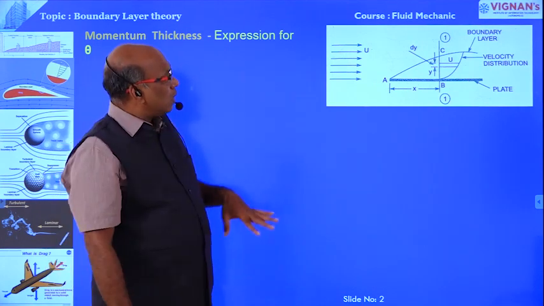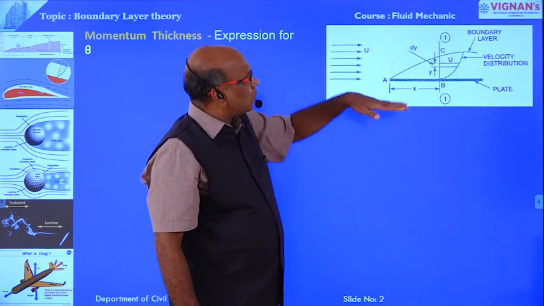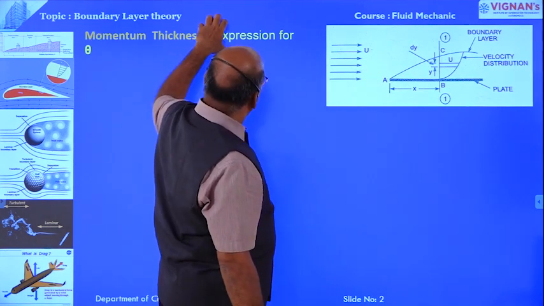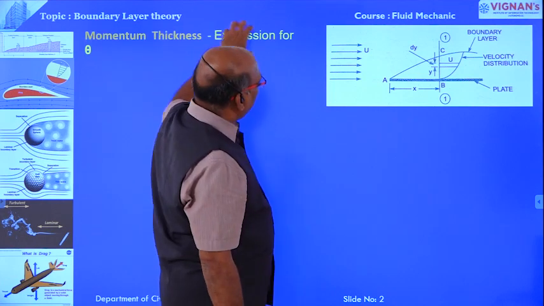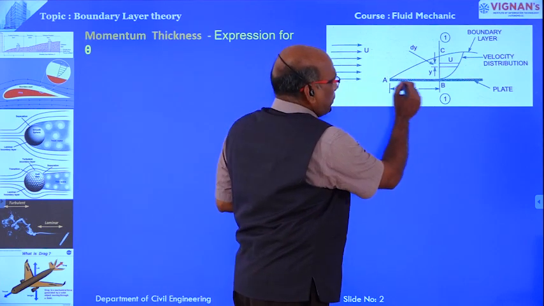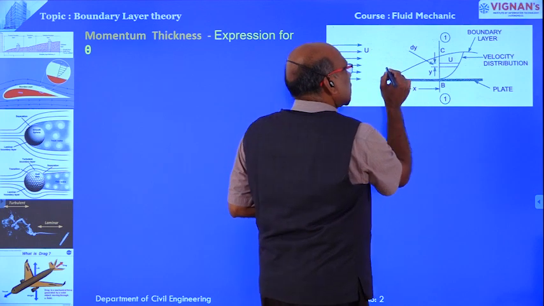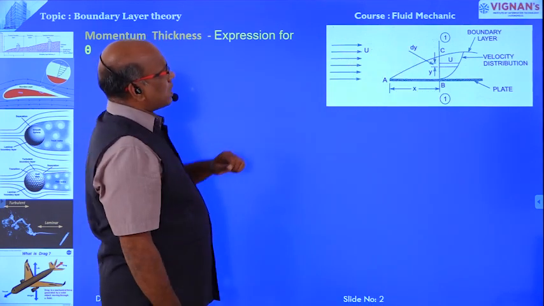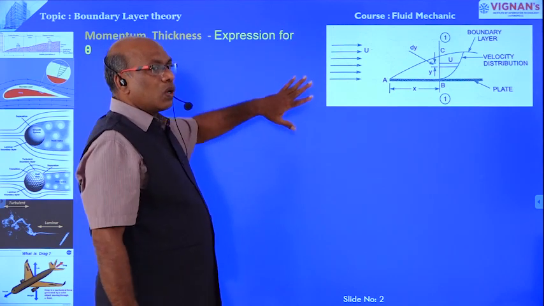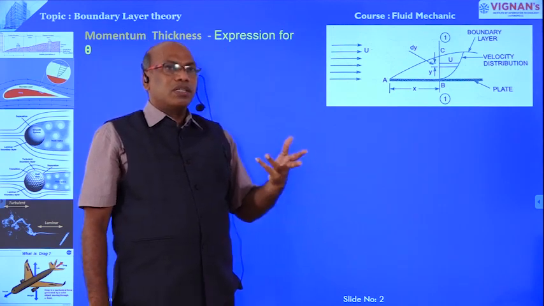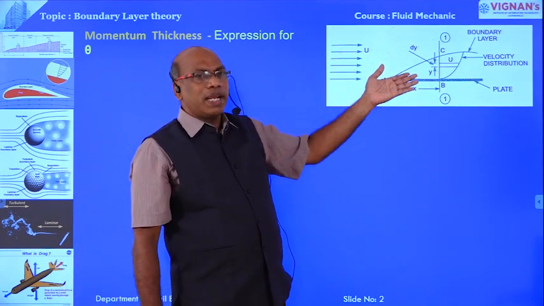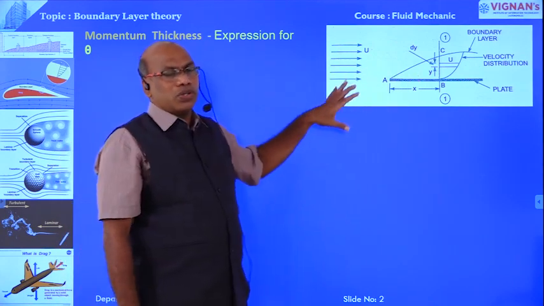Next, to compensate for the reduction in the momentum of the flowing fluid on account of boundary layer formation, the boundary layer is shifted to a distance theta. So there is a reduction, and the compensation of the momentum of the flowing fluid over this boundary is what we are going to determine.